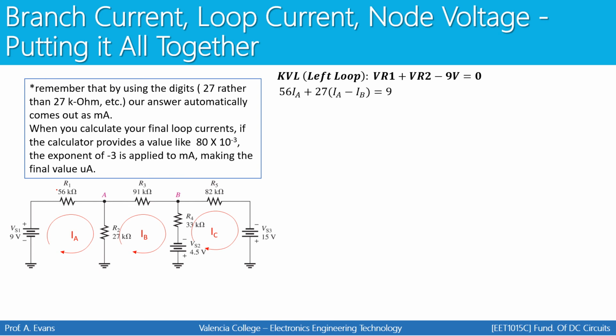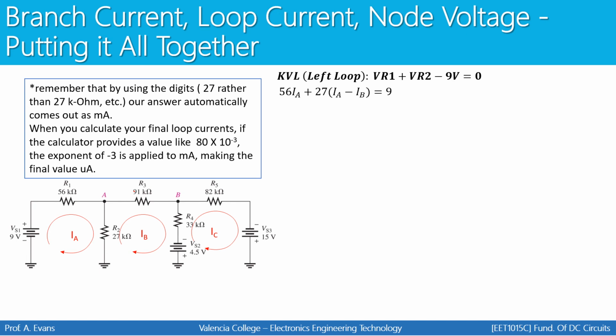It's already in milliamps. That exponent of 10 to the negative third is going to be applied to milliamps, making your final value actually microamps. So that's an important thing to remember when you start doing these problems. If you decide to chop off the K and just use the digits shown in the picture without reflecting the units, that's fine, but you have to remember what you're starting with.